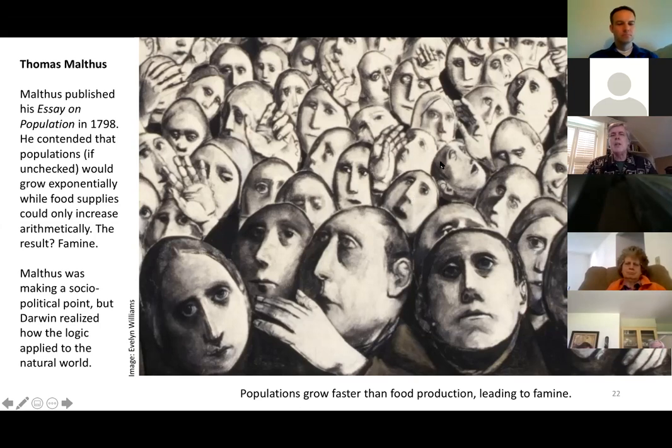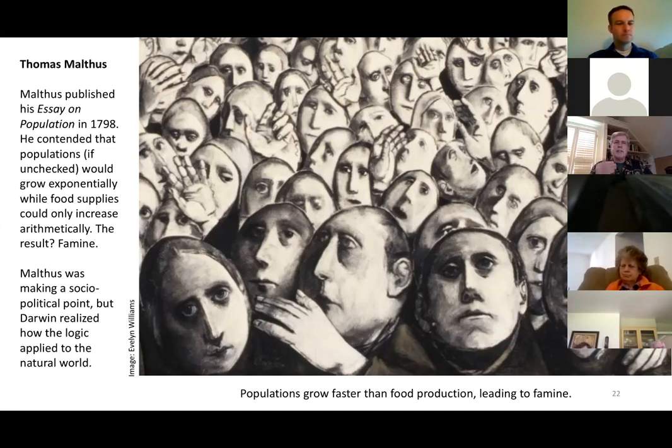And therefore, there has to be something that prevents the population from doubling. Malthus was interested in the socioeconomic impact or meaning of this, what is now called the Malthusian problem or the Malthusian Catastrophe. But Darwin realized instantly that it applied to the natural world.